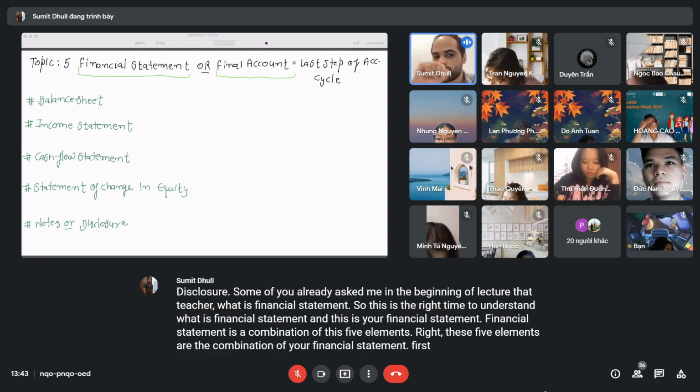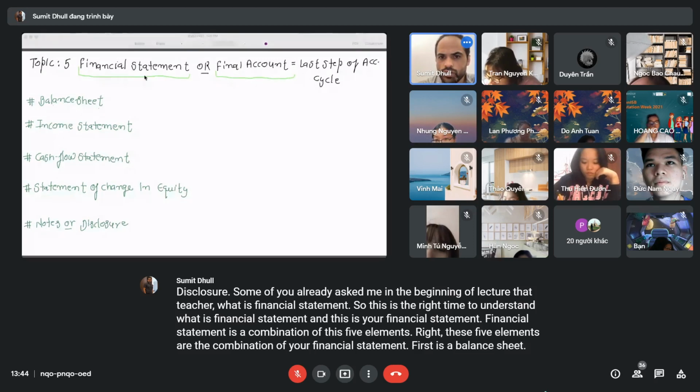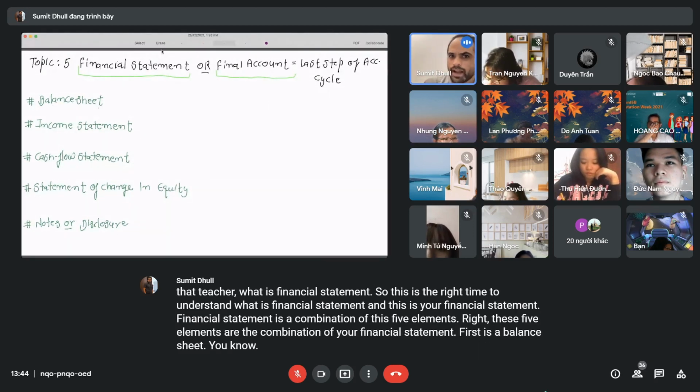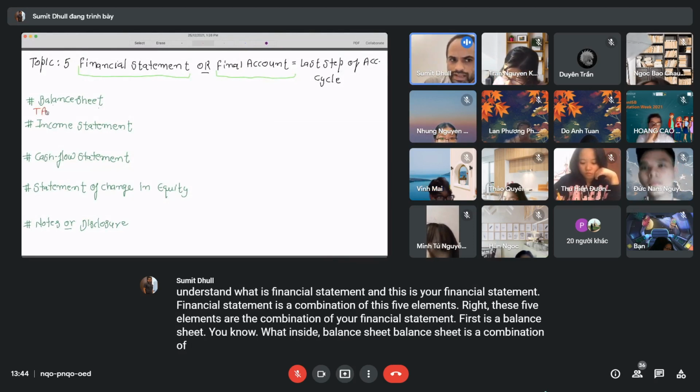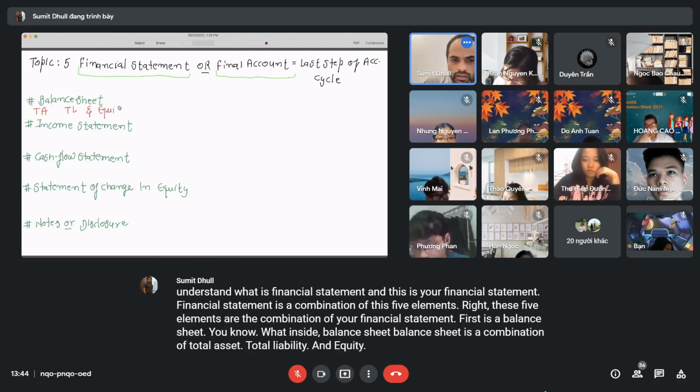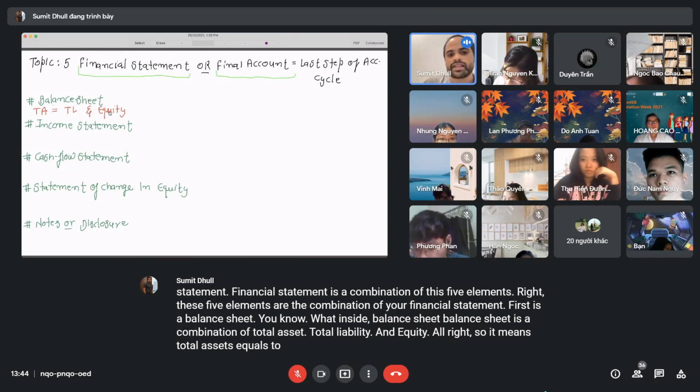First is the balance sheet. You know what is inside the balance sheet. Balance sheet is a combination of total assets, total liabilities, and equity. So total assets equals total liabilities plus equity.